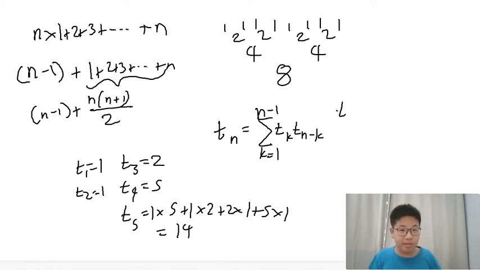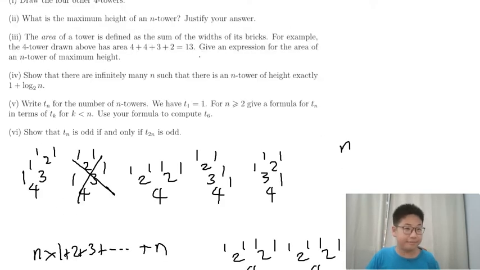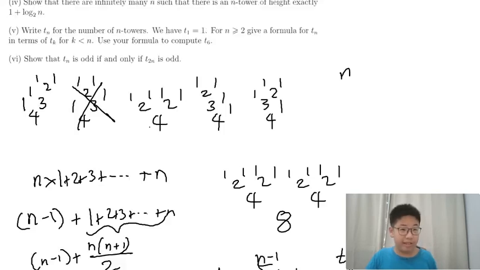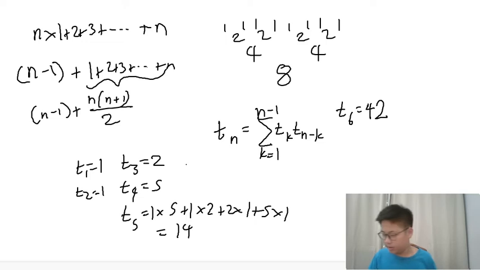I'll spare you the gory details, which is a phrase I like to say, but it will make T6 become the answer to life, the universe, and everything, 42. Very, very interesting. Show that Tn is odd if and only if T2n is odd.